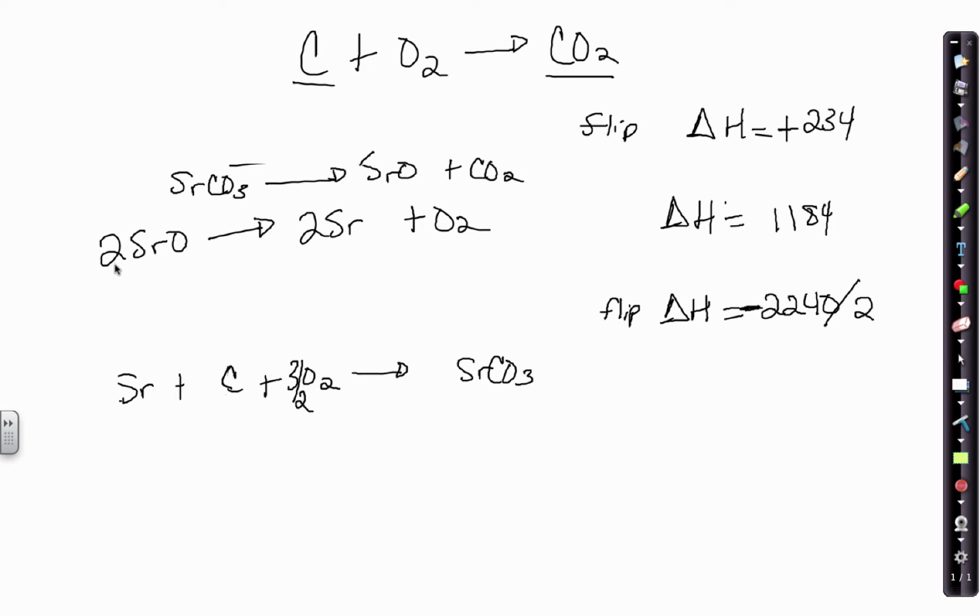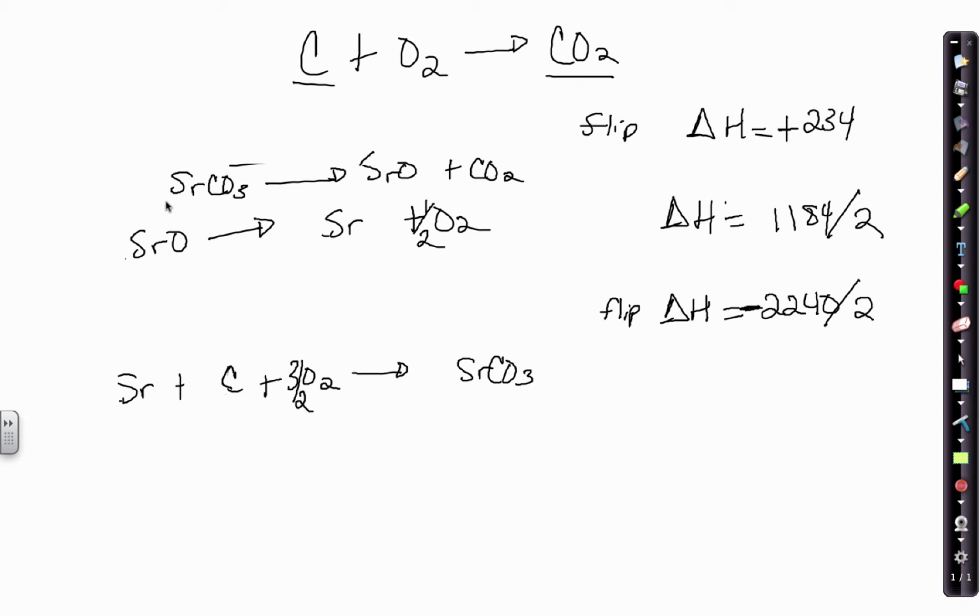So I need to get rid of some of these SrOs. So I need to divide this by 2. So if I divide this by 2, that's going to give me 1 there. It's going to give me 1 Sr here, and then a half an O2 here. So I'm going to divide this one by 2. Well, let's see if everything cancels now.